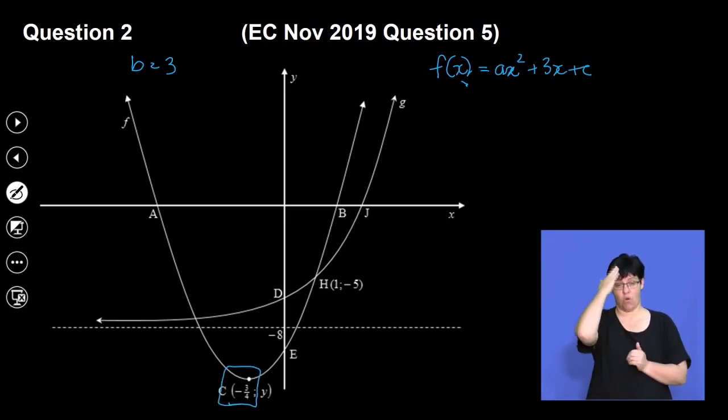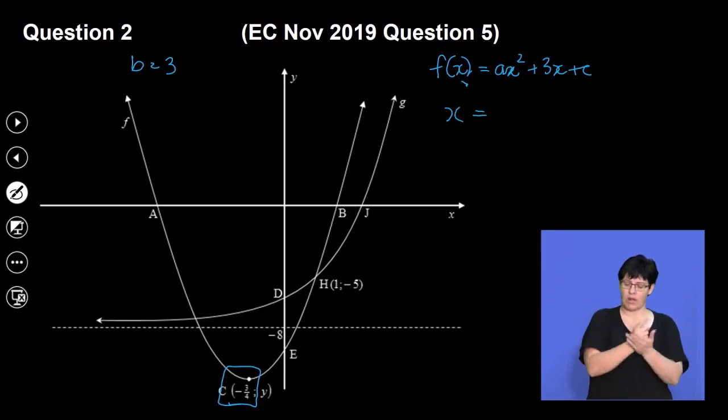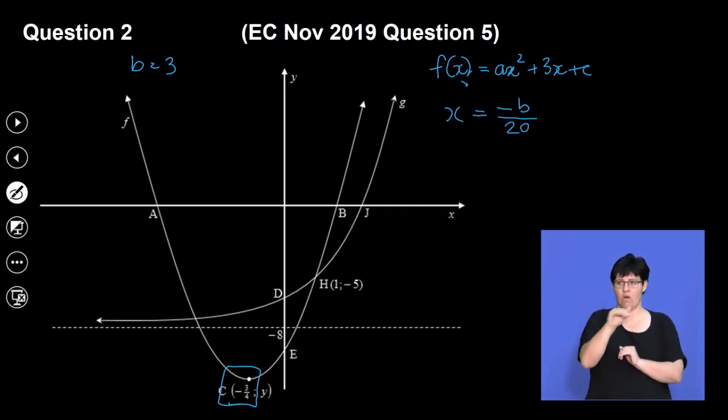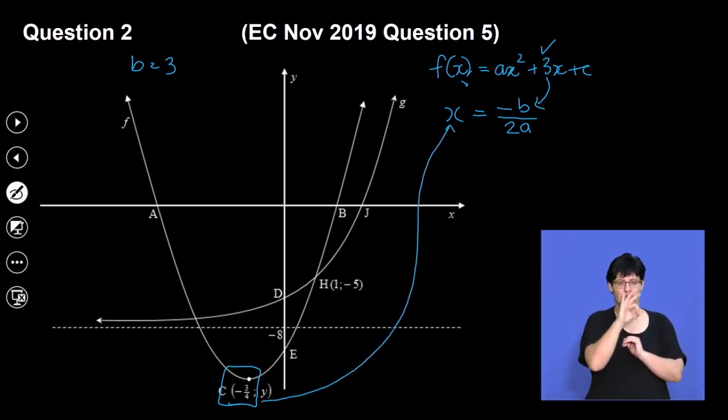All right, I can now use the next thing that I know, which is the x coordinate of the turning point, and that is always the x coordinate is equal to minus b over 2a. And I know that b is equal to 3 now, so I can sub that into there. And of course, I can sub the minus 3/4 into there, and I can use that to solve for a.